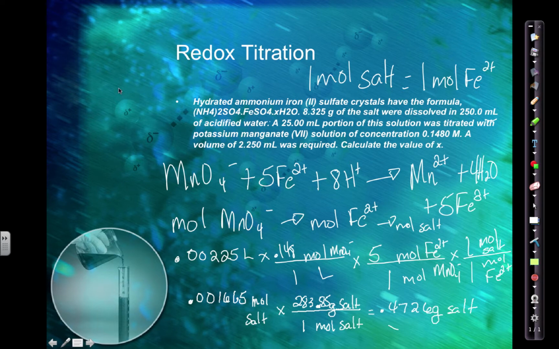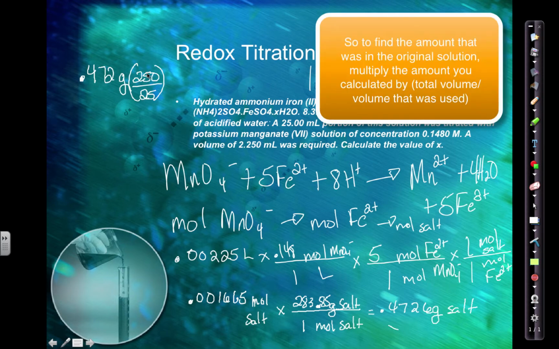And the way that you can do this, the easiest way to do this, is to say, okay, I know this is what reacted, and I want to know how much was originally there. You can multiply it by a fraction of how much you originally started with, so how much was in the solution, and then divide that by what you actually used. And then that's going to give you 10 anyway, so it should be 4.72 grams of salt.